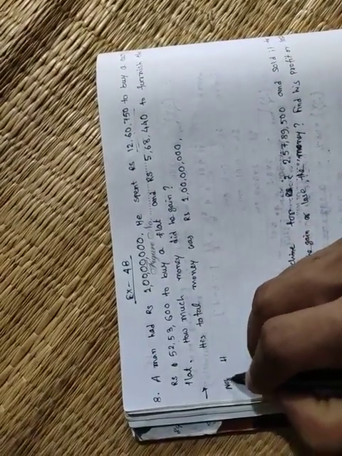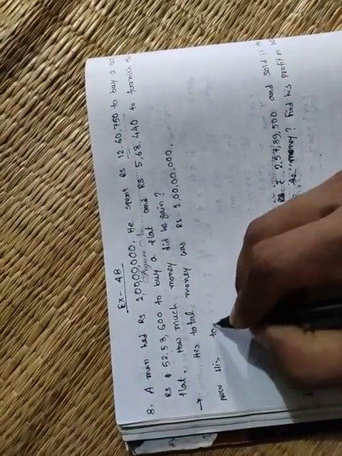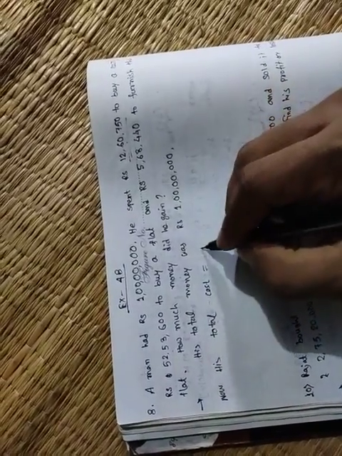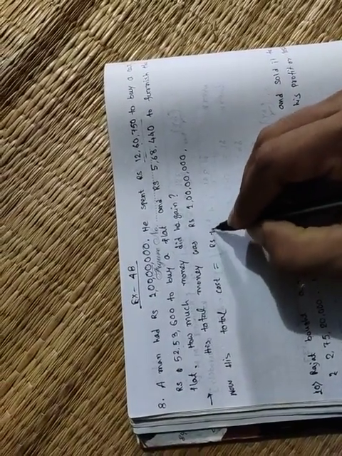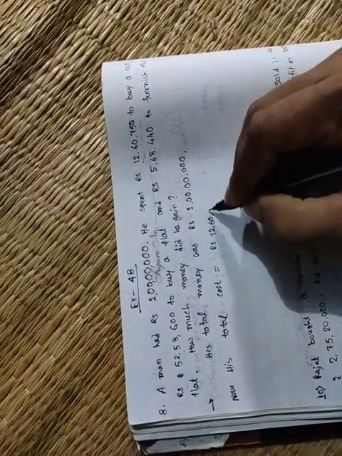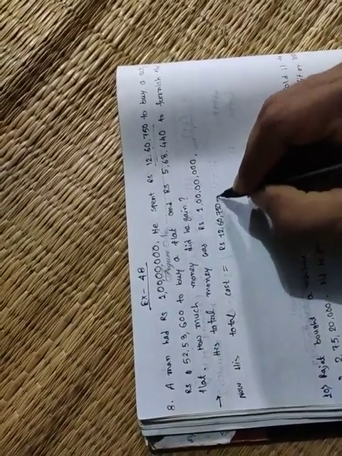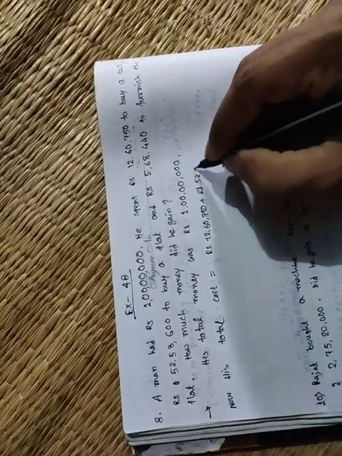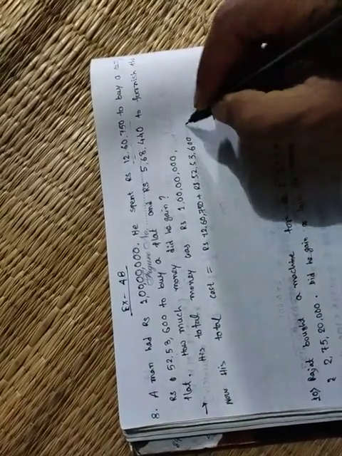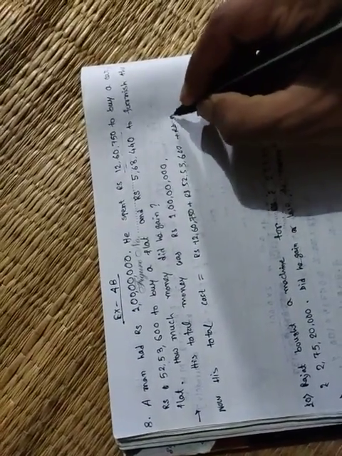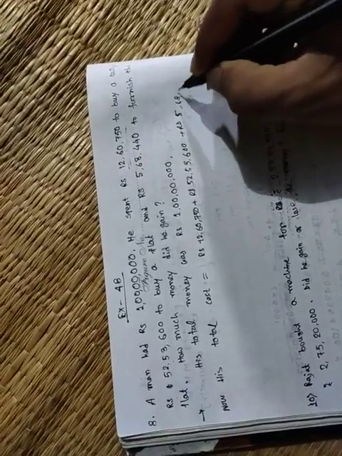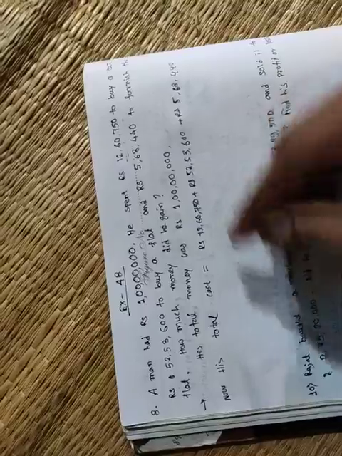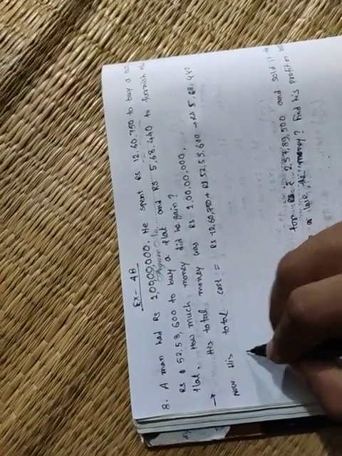Now his total cost is equal to rupees 12,60,750 plus rupees 52,53,600 plus rupees 5,68,440. Okay, so I can do the sum here easily.